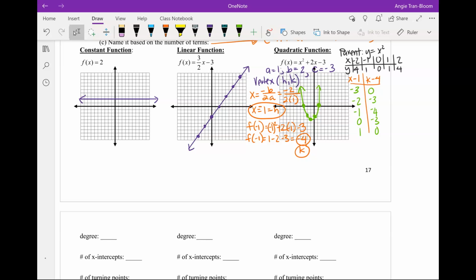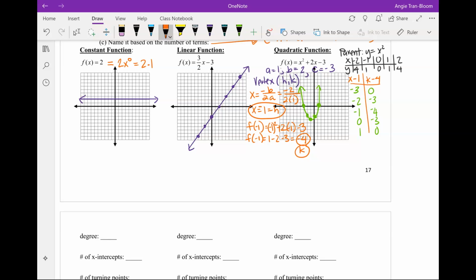Now let me tell you guys why this constant function would have a degree of 0. This is the same thing as saying 2x to the 0 power, because anything to the 0 power is always what? It's always 1, okay? Anything to the 0 power, it's always 1. So 2 times 1 becomes 2.